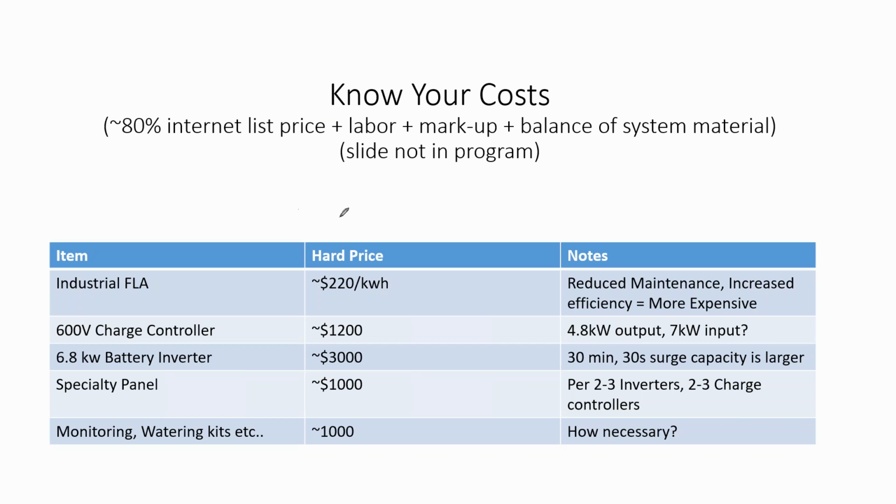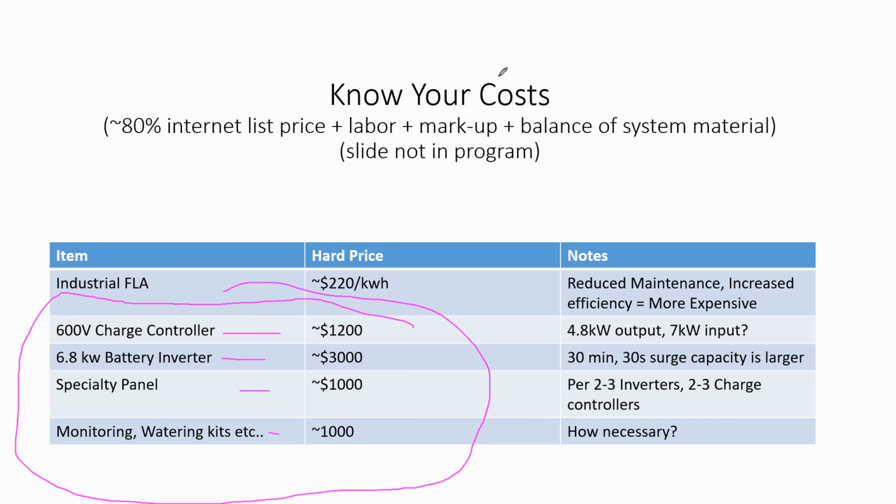Basically, you just have to remember whatever pricing you find when you Google your battery inverter, your charge controller, or the specialty equipment. When you go out and do a competitive bid process, all of these prices will drop by about 20%.